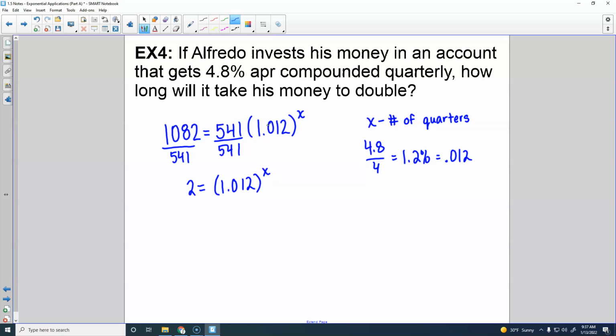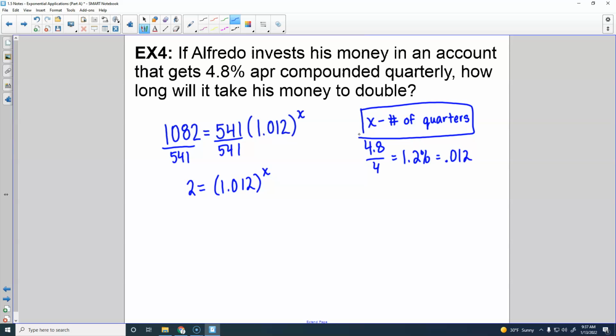I made myself a note over here that when I get my answer, x is the number of quarters, not the number of years. Or if you want to use a number of years, you can put a 4x up there if you prefer. But I usually just remind myself that it is quarters.